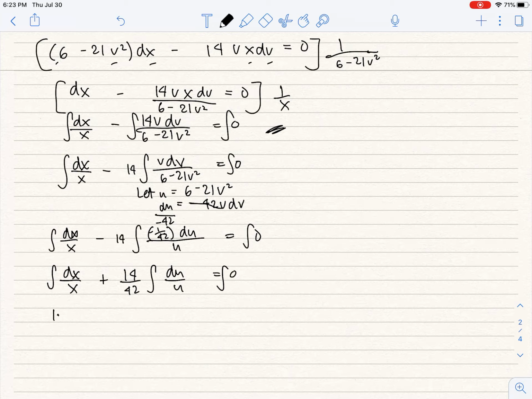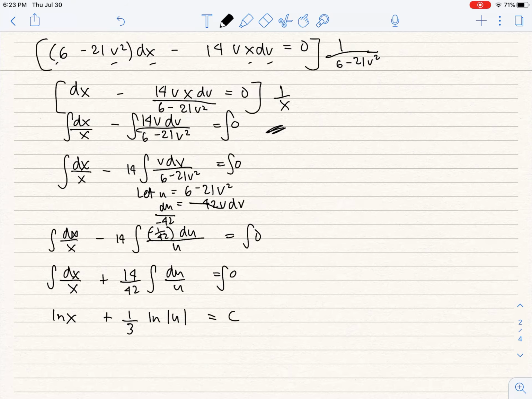Okay, so integrating: ln x plus 14 over 42, which is just 1/3, ln of u is equal to c.